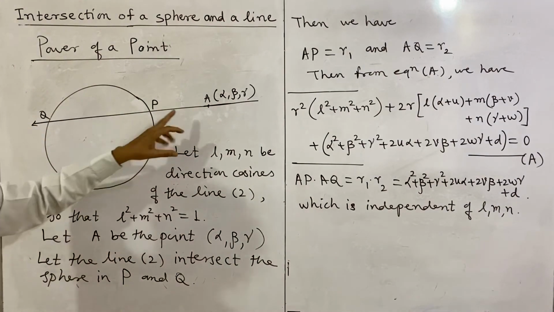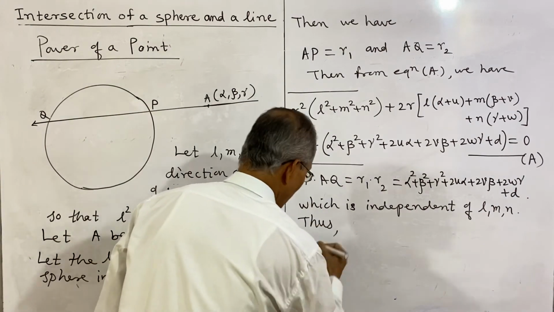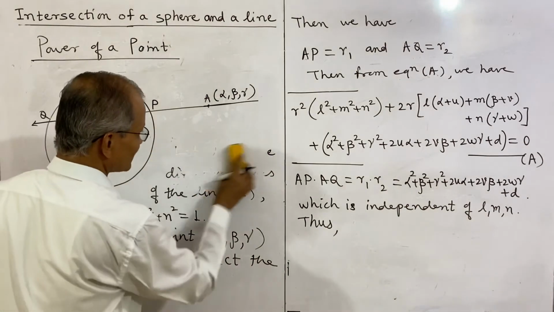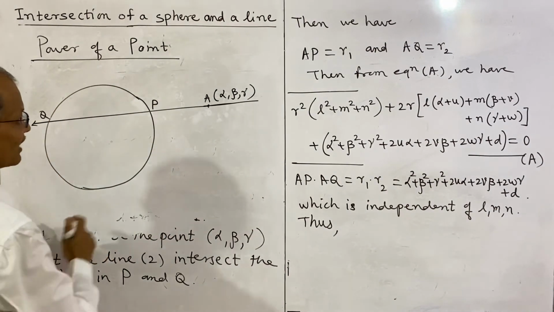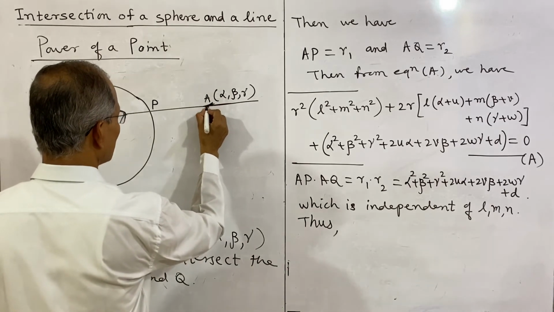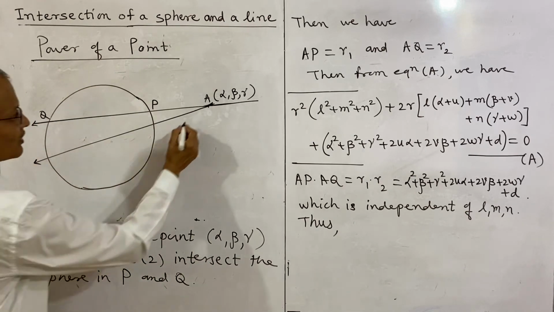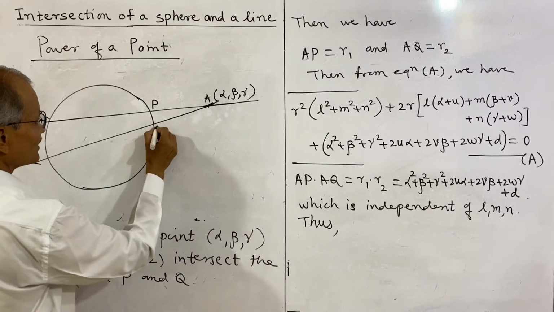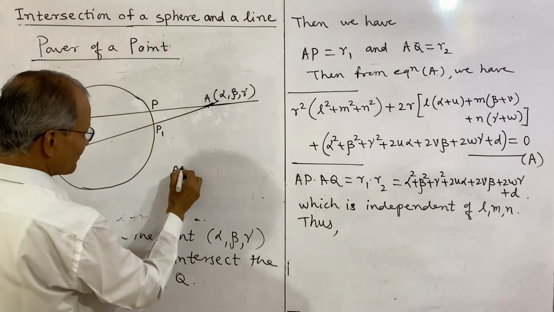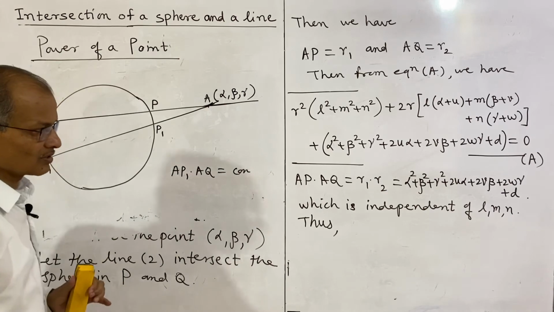So if I draw a chord passing through this point A that intersects the sphere in these points, and this is the point P1 and this is the point Q1, then AP1 into AQ1 is equal to constant.